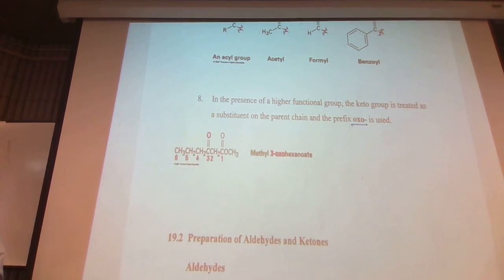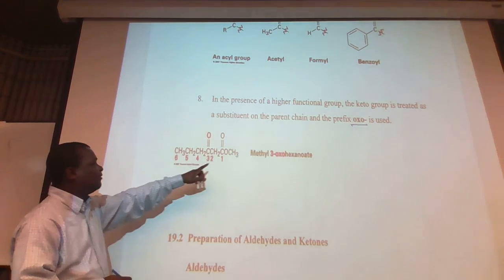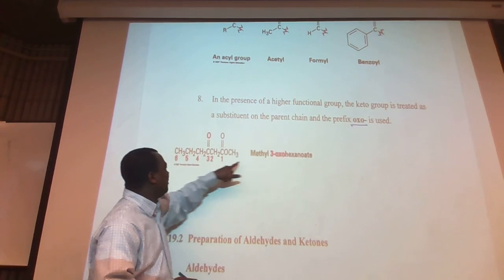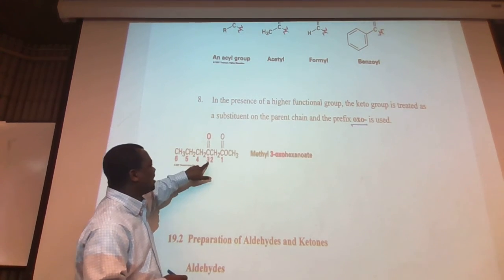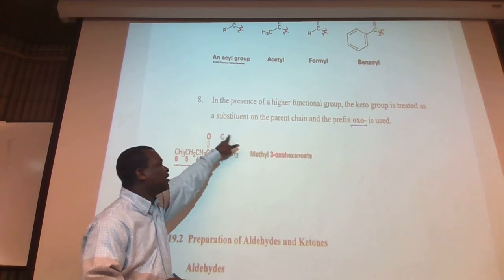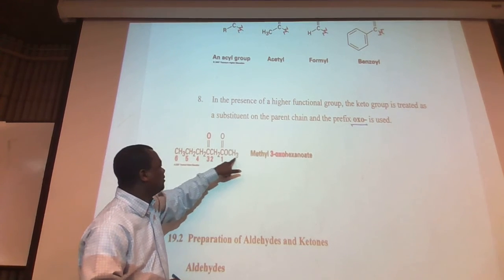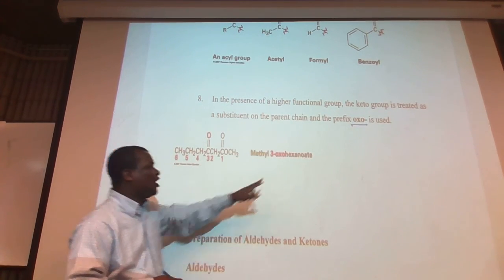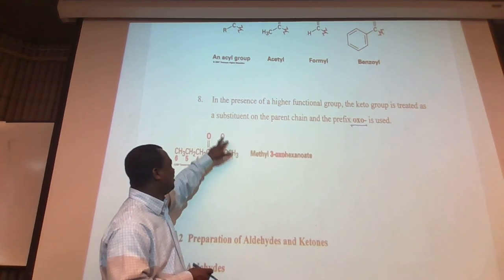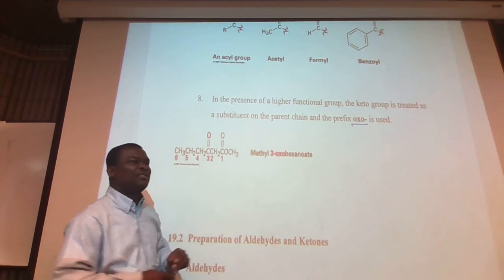So whenever you see the name of any compound and it has oxo in it, that means there's a carbonyl at that position. For this example here, you have 3-oxo. That means your ketone group is at position number 3 from the ester group. So that's why it's methyl 3-oxohexanoate. Noate represents the naming ending for esters.